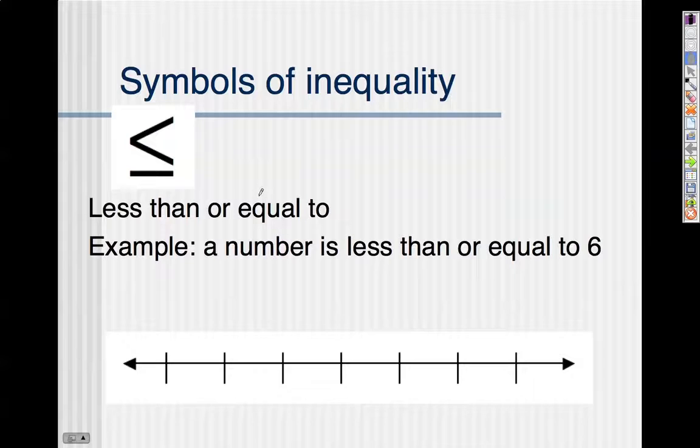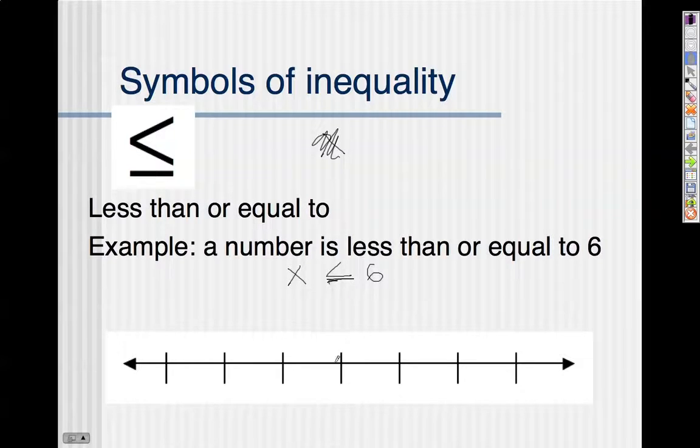So the difference is, now instead of saying, our example from down here, a number is less than or equal to 6, well, we just want to write a number is less than or equal to 6. What that means is, now that number is not just our jumping off point anymore. Now x could be 6 or anything less than 6.